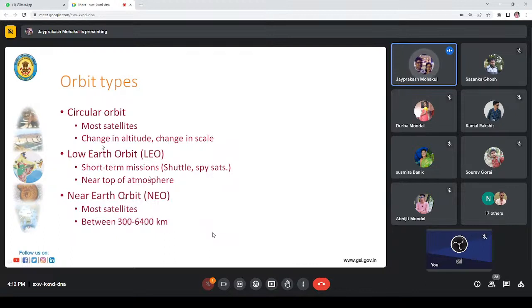Most satellites are here. Low Earth orbits are basically just near the top of the atmosphere. Here, of course, you have several spy satellites and all that. They are all low Earth orbit, and near Earth orbit are mostly remote sensing satellites, Earth observation satellites.